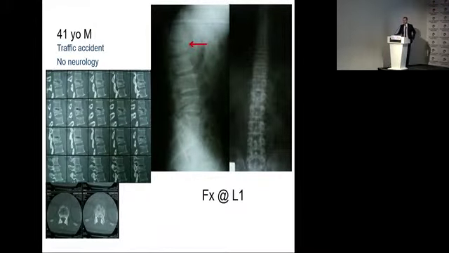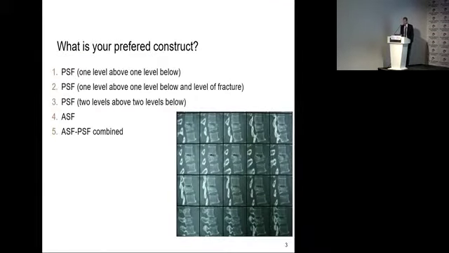This is one case, 41 years old, and as you can see, he has an L1 type B fracture, and together with the, we can say this is a kind of unstable burst fracture. And of course, we may have some options for this patient.